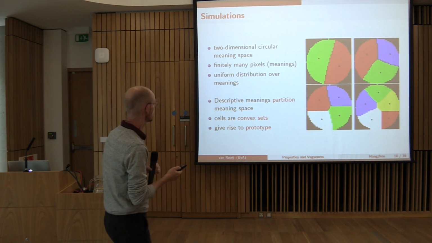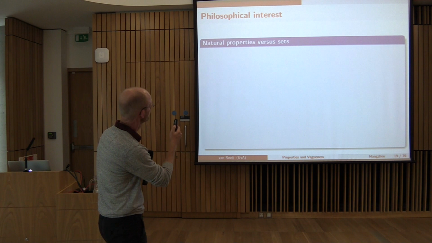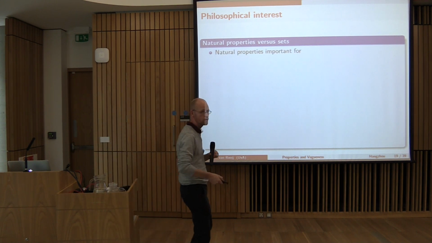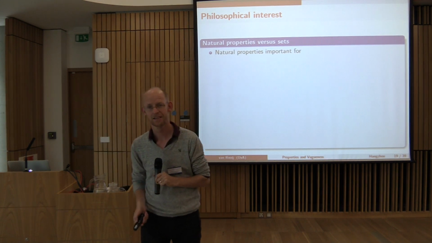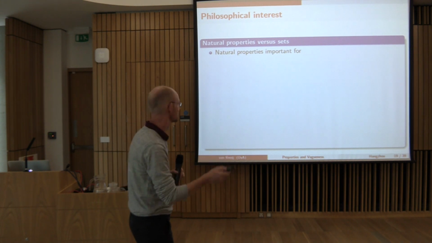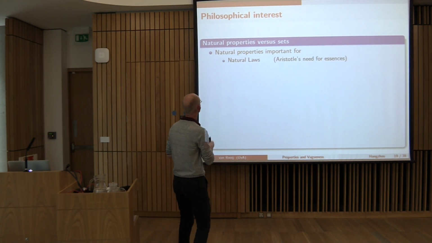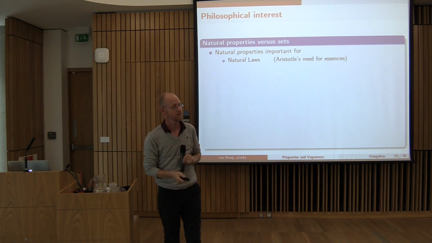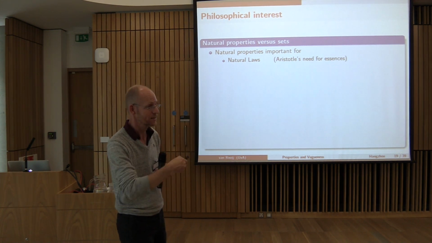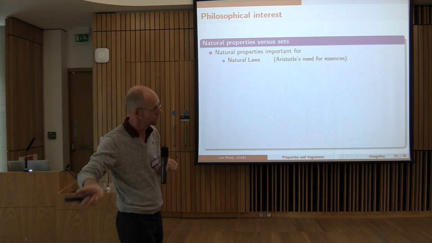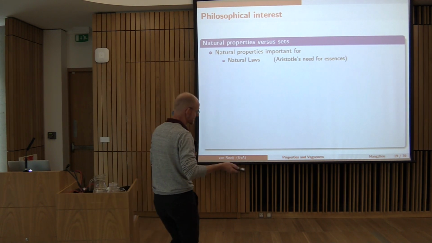Okay, there is one philosophical interest. Is there any philosopher in here? There's a philosopher in here. Well, David Lewis and Peter Gärdenfors say that there are natural properties. We have many properties, but not all sets are properties.